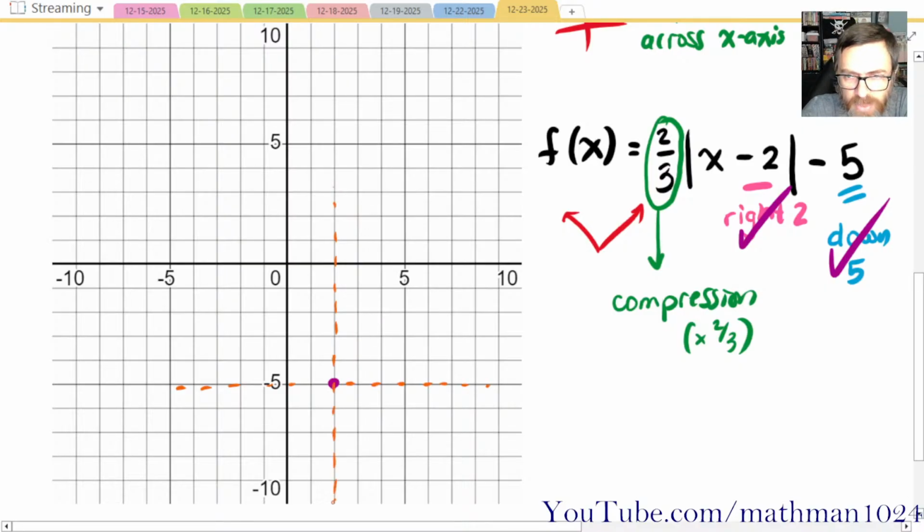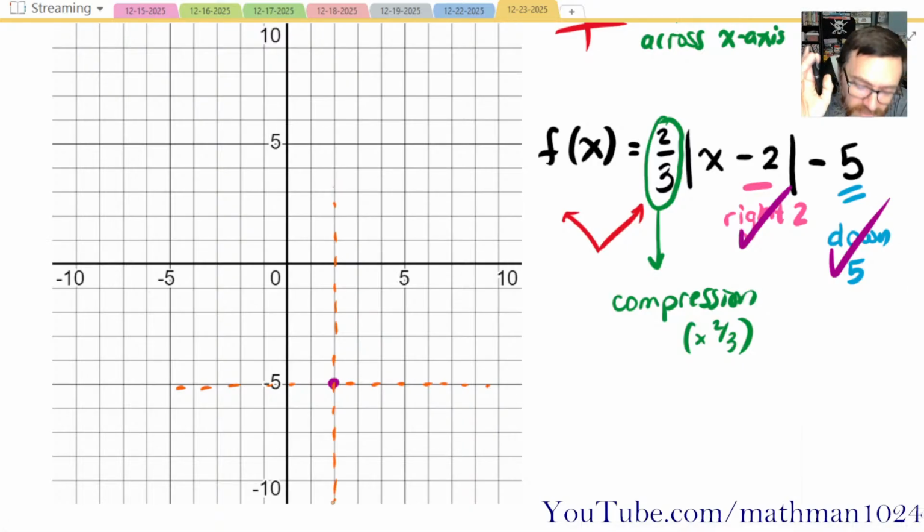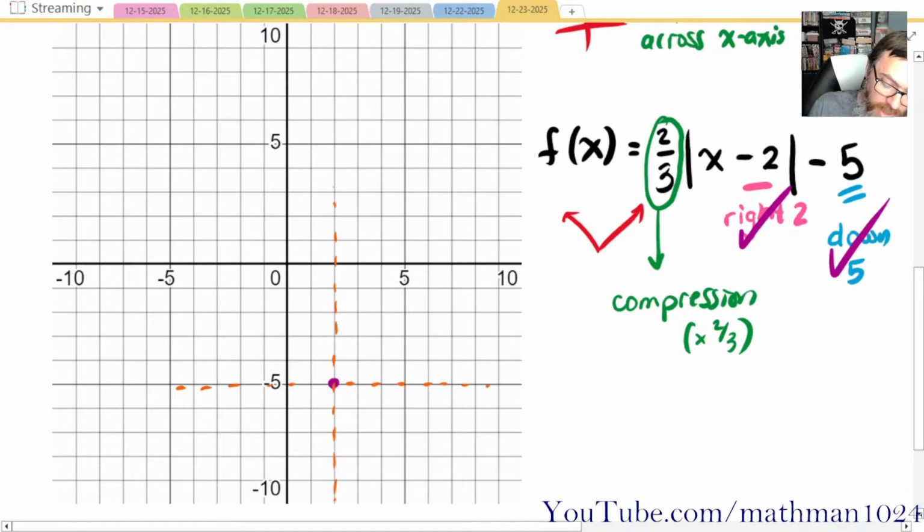Now let's use this compression. Now, this absolute value is one of the really nice things to do with the compressions, with these fraction coefficients, because you can treat it just like a slope. So as I go from my new vertex, I'm going to do this slope of 2/3. So up 2 over 3, up 2 over 3, and so on. Because we have symmetry with the absolute value, I can get points here on the left side.